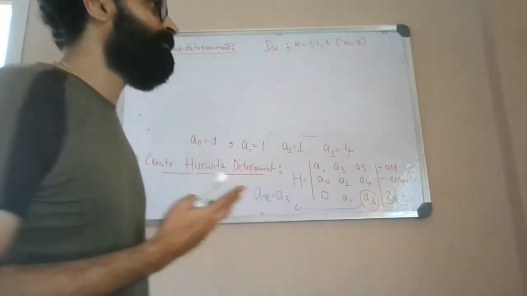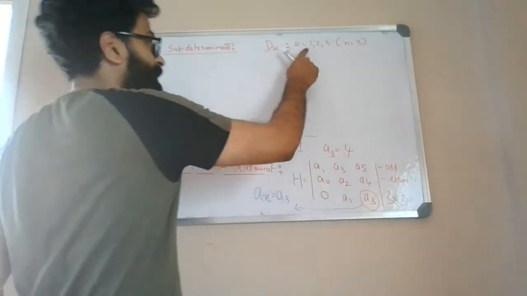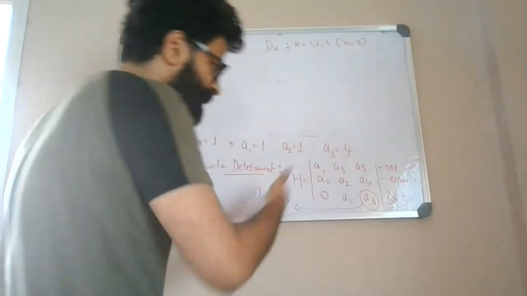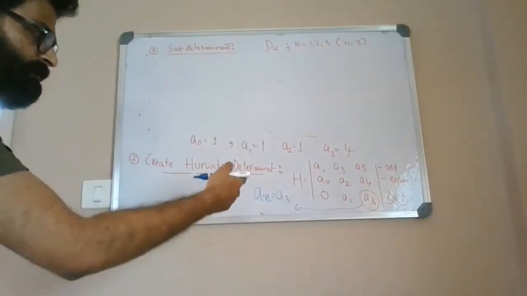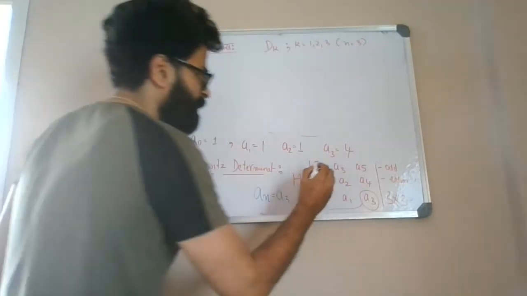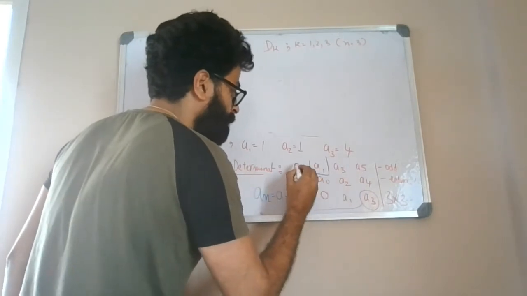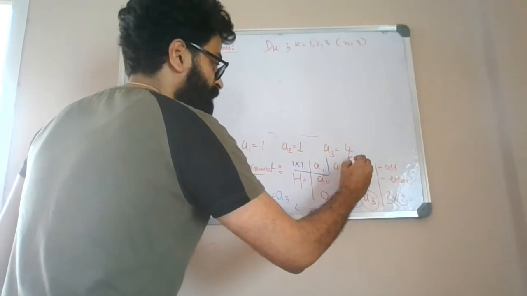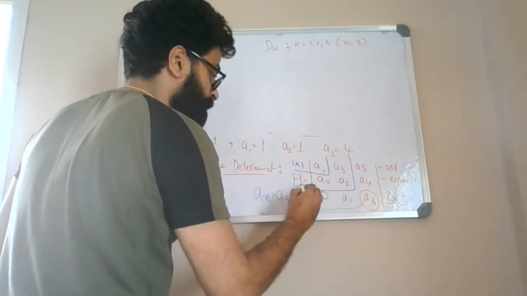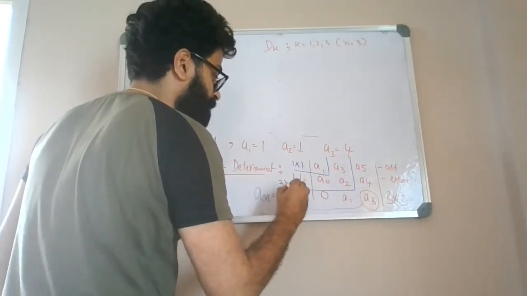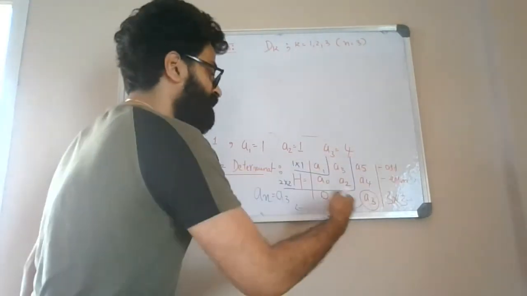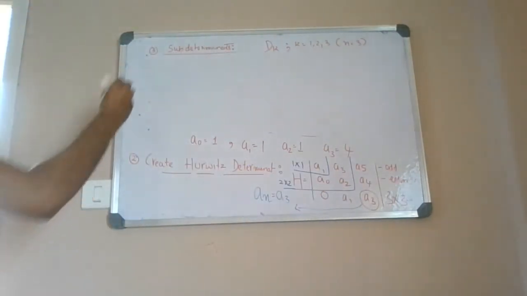We are going to have 3 subdeterminants, that is D1, D2 and D3. D1 you can directly find from your n cross n determinant. This is your D1, 1 cross 1, and this is your D2, 2 cross 2. And D3 will be your Hurwitz determinant itself.